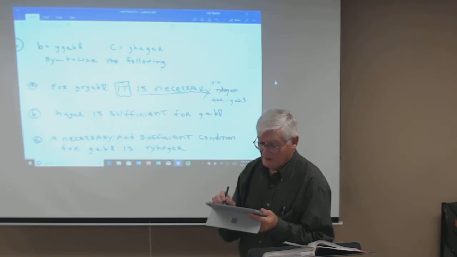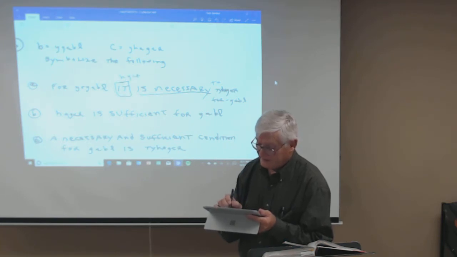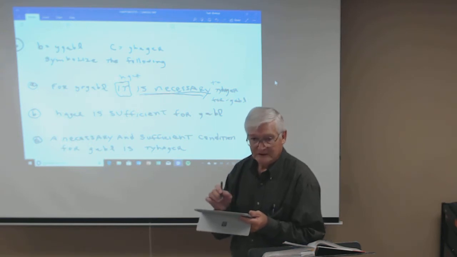Where does this go? Having good credit. Having a good credit rating is necessary for getting a bank loan. Isn't that what the sentence is saying?